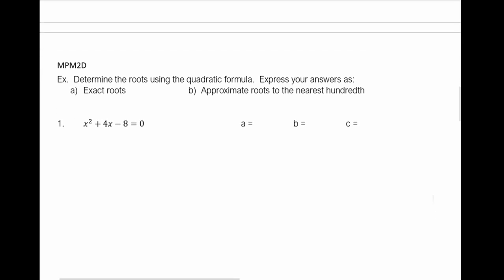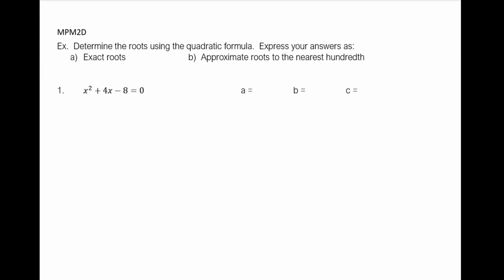So let's go through, and we want to determine the roots using the quadratic formula. And we're going to express our answers as both exact roots and approximate roots. And again, I'll show you the difference between the two. Looking at this standard form, it helps to identify our a, b, and c values, because then that allows us to easily plug them into our quadratic formula.